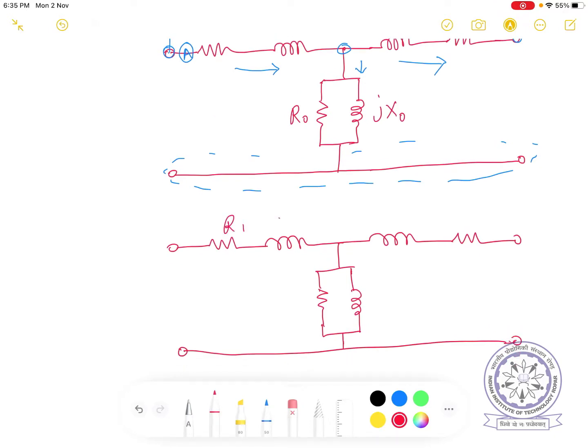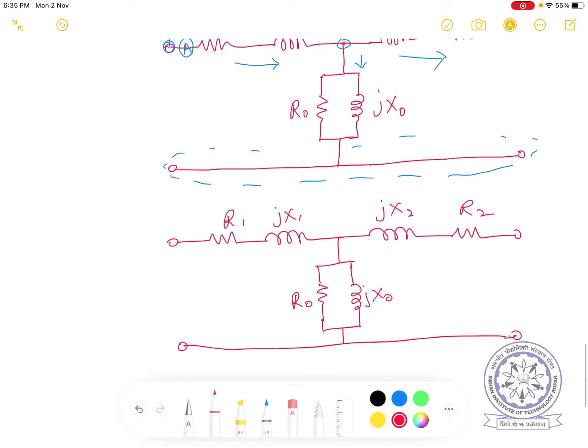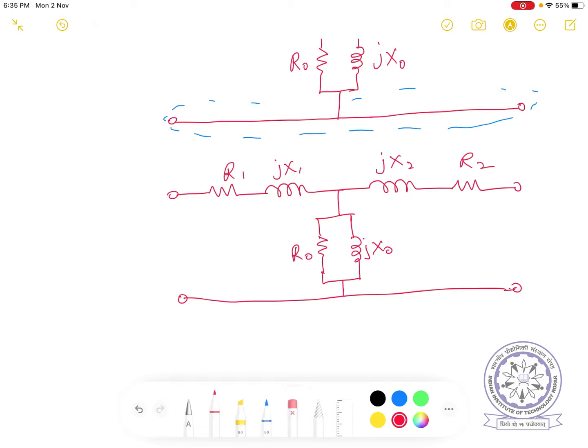X1 or JX1, JX2, R2, X0, JX0. It's okay even if you don't write J also. It's a representation, it's not an equation.